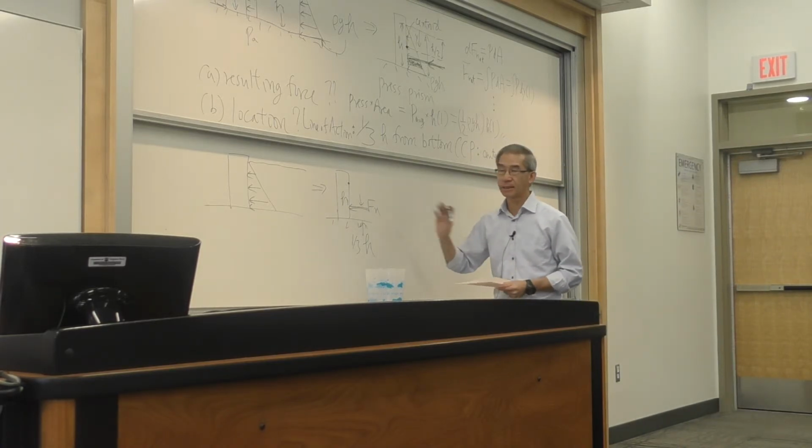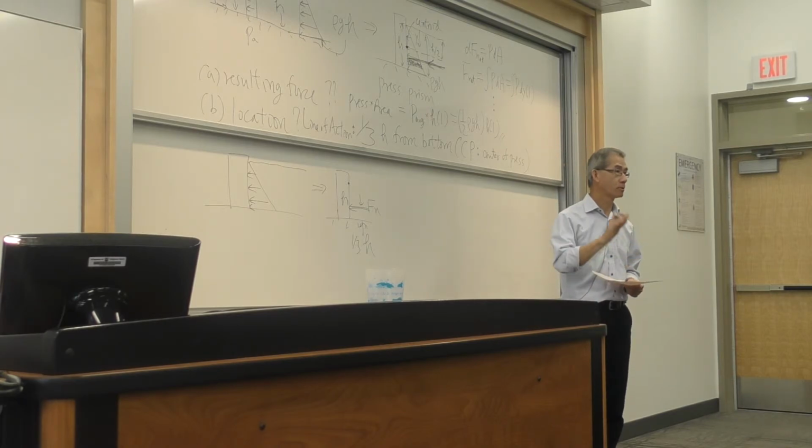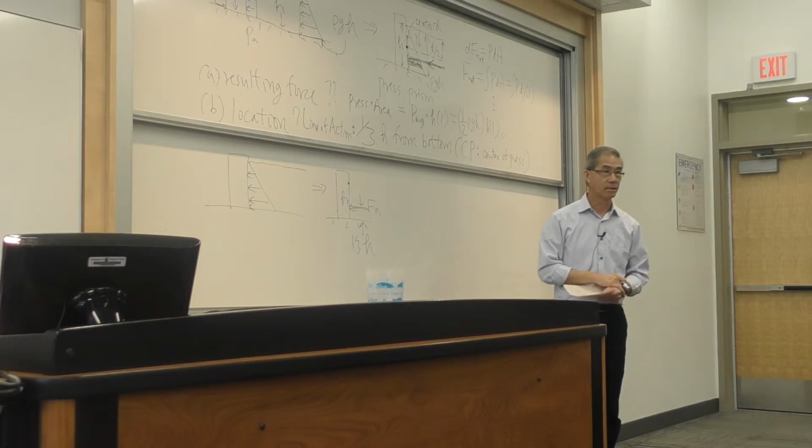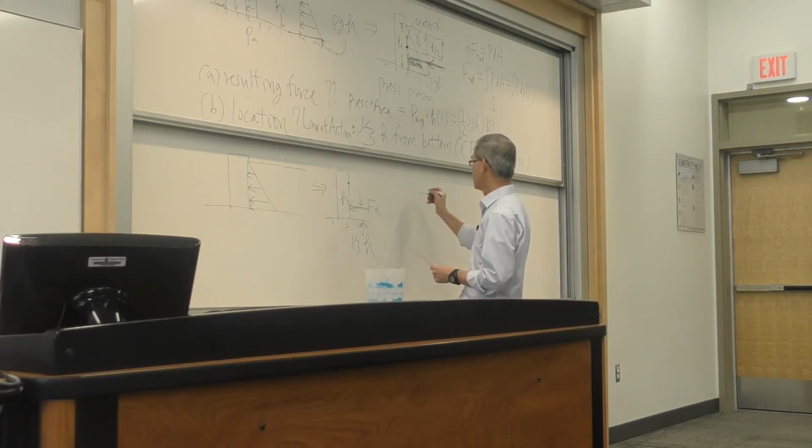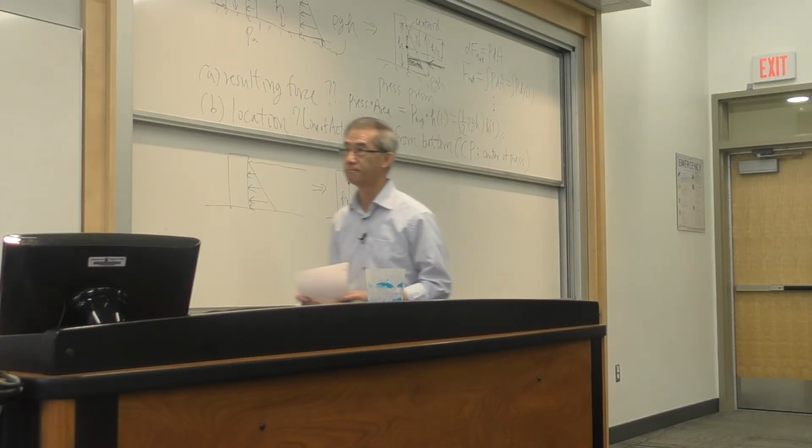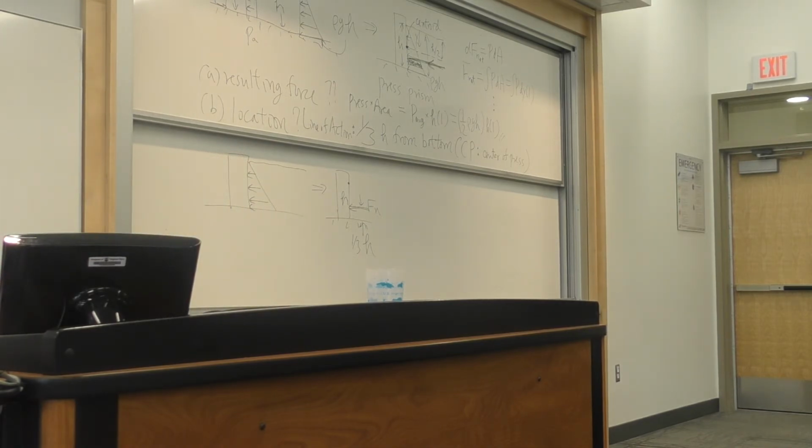Now, if you have no question, my next step is I'm going to tilt the west side. I'm going to put an angle to it and ask myself, how would that change the problem? Let me do it over here. So before it was a rectangular dam, now it's a trapezoidal.